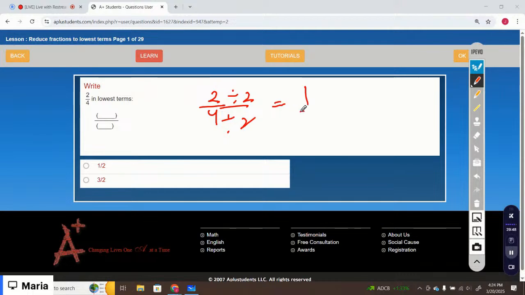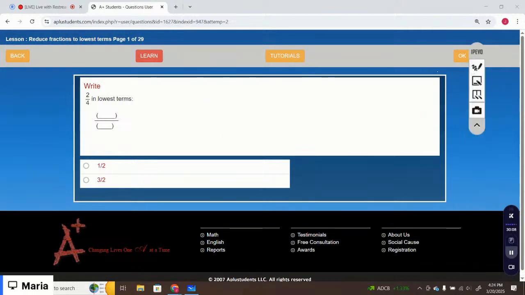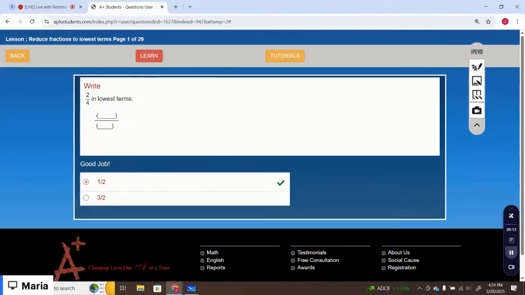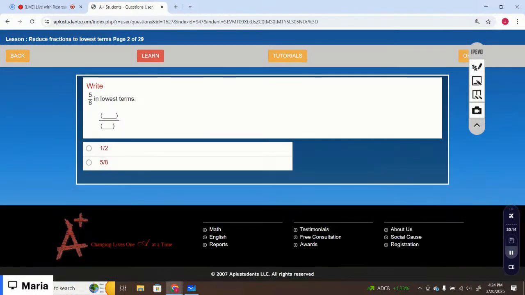So 2 divided by 2 is 1 and 4 divided by 2 is 2. That is 1 over 2. Option number 1 is the correct option. So the fraction in the lowest term is 1 over 2.